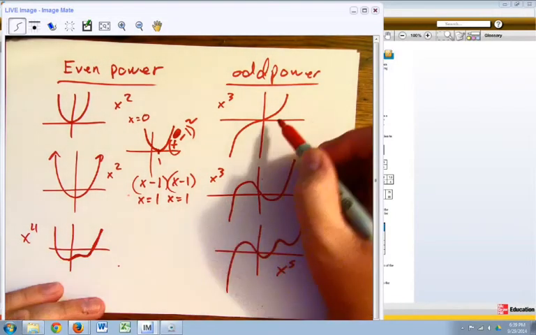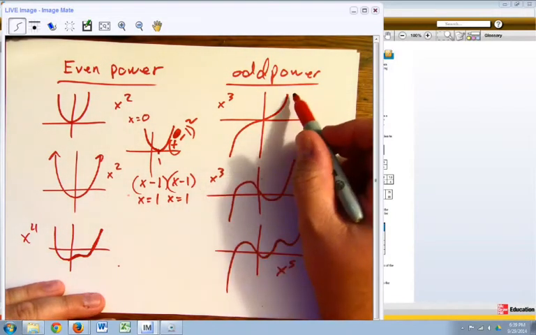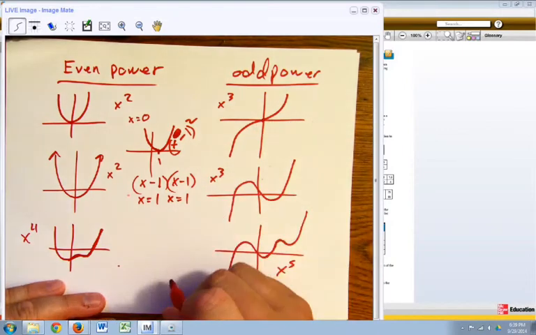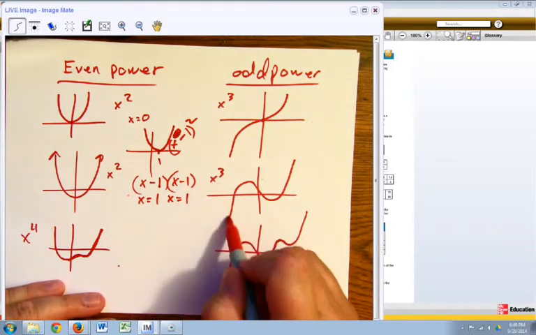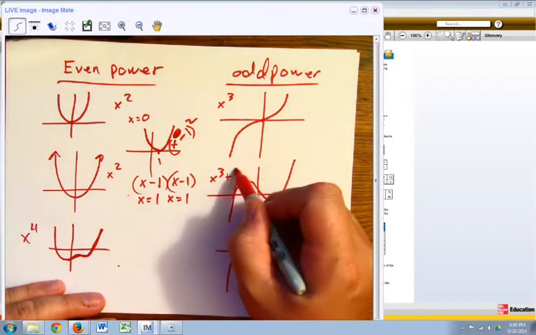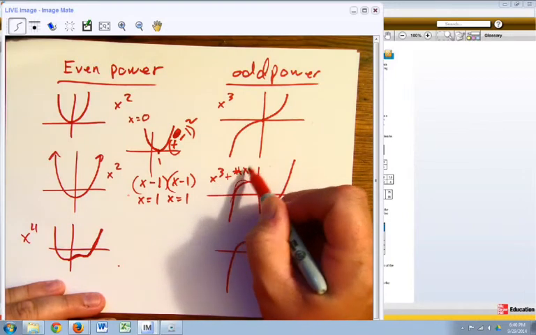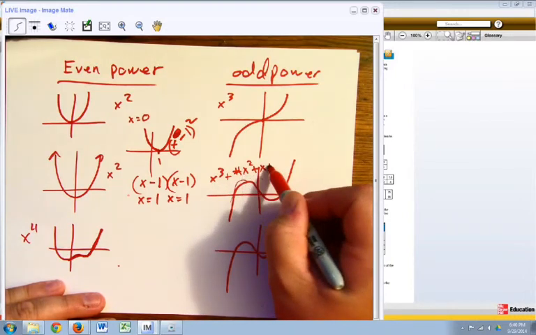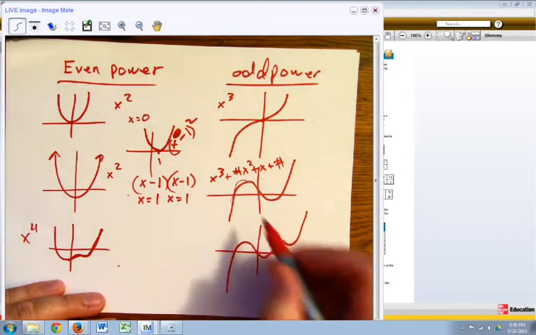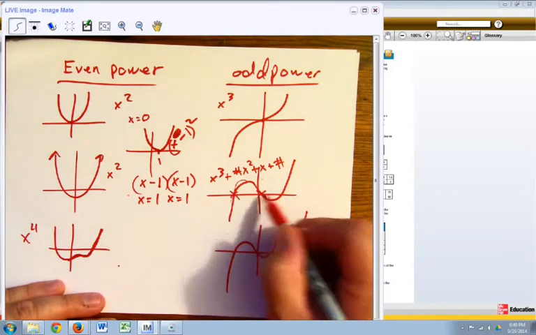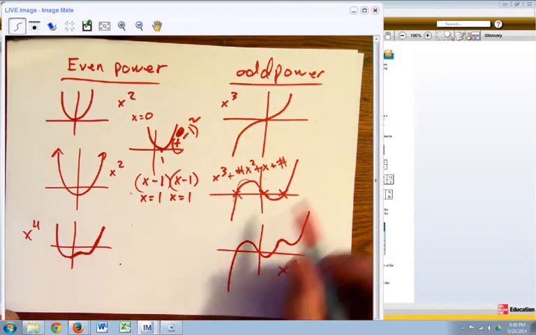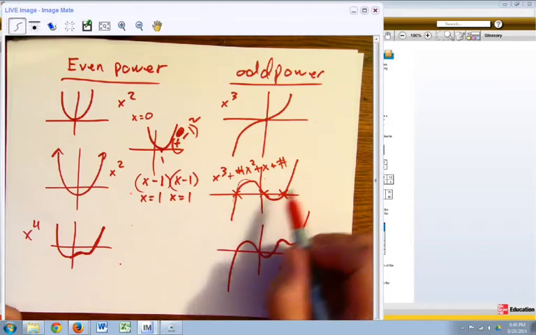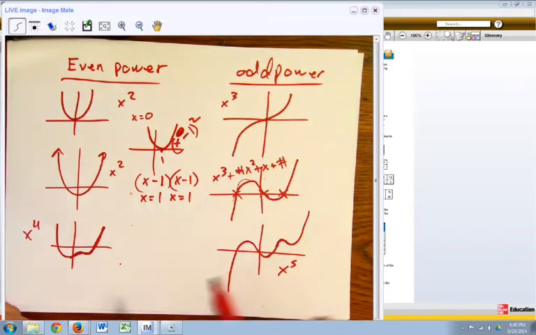Now, we also have seen a cubic function where it crosses just once here at 0, 0. In this case, we have a cubic function, but it's going to have a number of other pieces that go along with it. And it could potentially cross 1, 2, 3 times. So remember, fundamental theorem of algebra says it can cross up to 3 times, but it may not cross all 3 times.